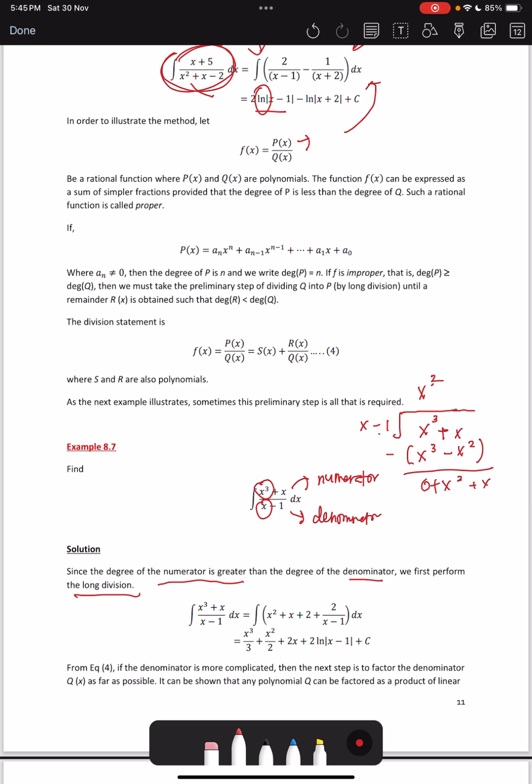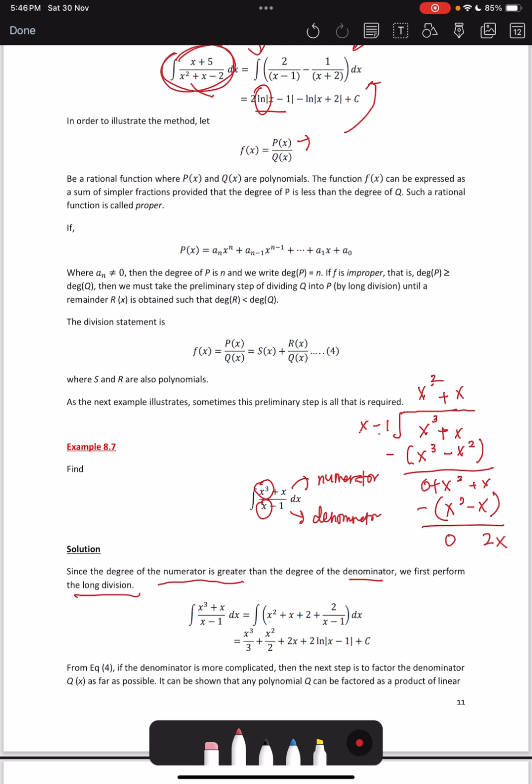Now in order for me to get this x power of 2 here, I need to multiply by x. So x multiplied by x, I get x power of 2, and x multiplied by negative 1, I get minus x. Subtracting, x power of 2 minus x power of 2, I get 0. x minus negative x becomes plus, you will get 2x.